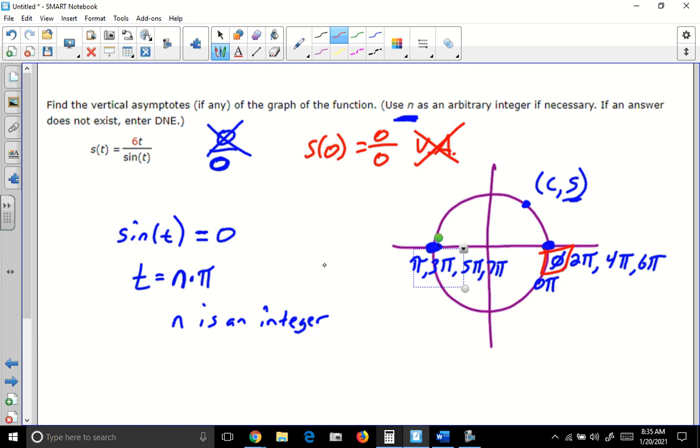So in that case, we can't use the instance where n is 0. So any multiple of pi except 0 times pi will be okay. But when we have 0 pi, that's not a vertical asymptote.